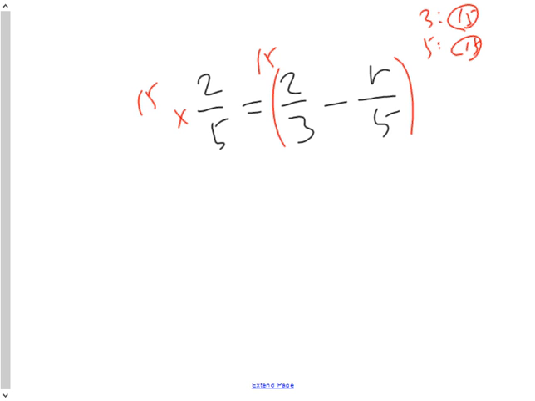So if I multiply both sides by 15, I know I maintain equality, but I create an equation that does not have any fractions. This side would become 6, or 30 over 5, really, which will be 6.